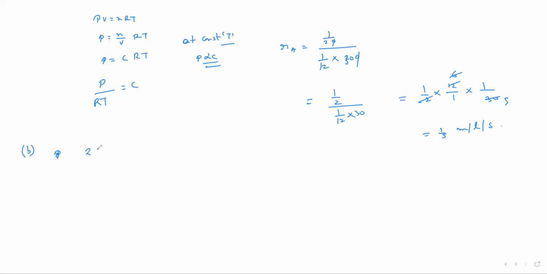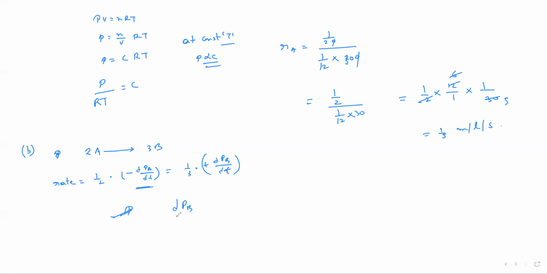Reaction is 2A to 3B. So 1 by 2 minus dPA by dt equals 1 by 3 dPB by dt.